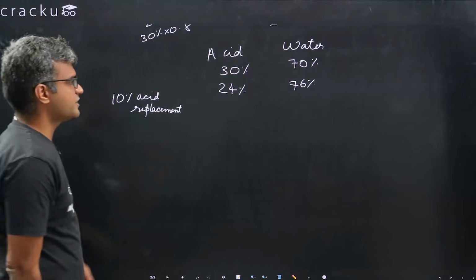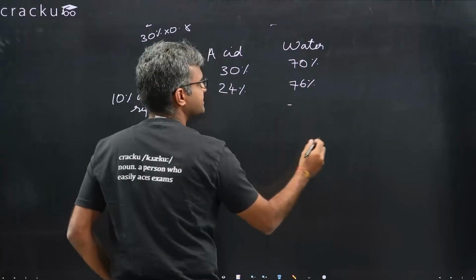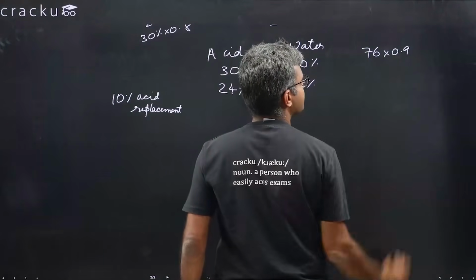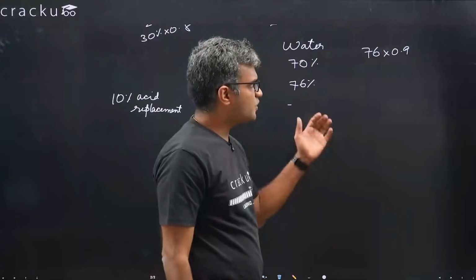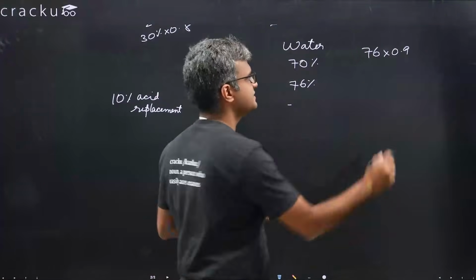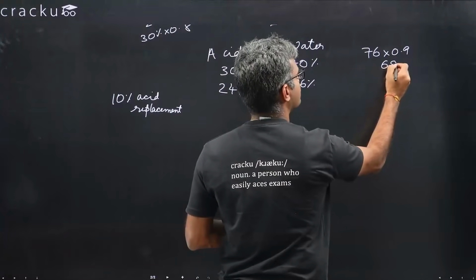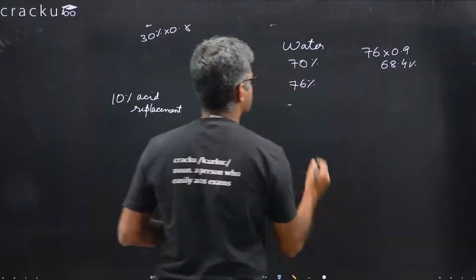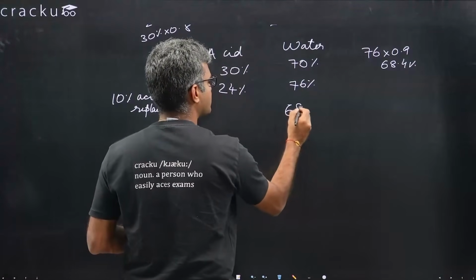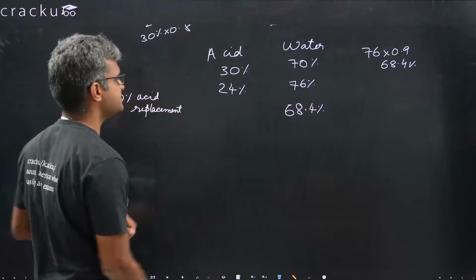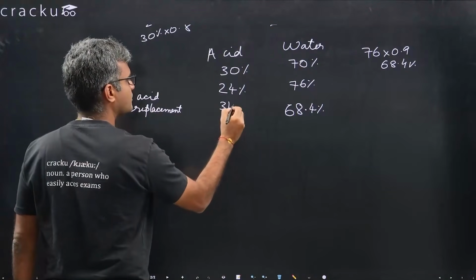The percentage of water becomes 76% into 0.9, because 10% of the solution is replaced. And what is 76 into 0.9? 76 into 9 is 684. So this will be 68.4%. So the percentage of water becomes 68.4%, and the percentage of acid becomes 31.6%.